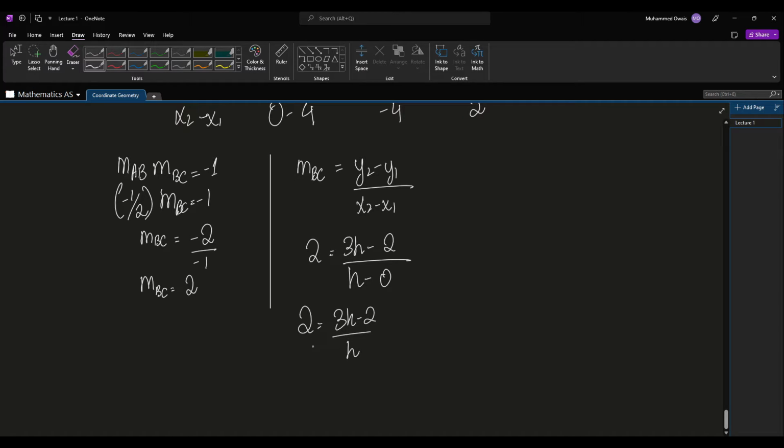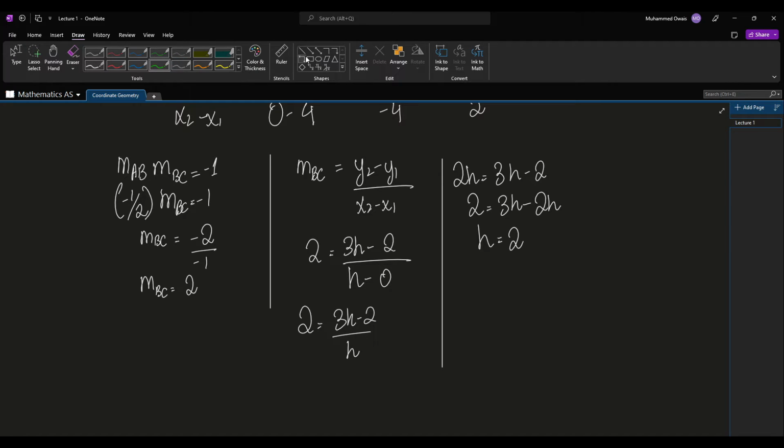This h can be moved here. So then this becomes 2h equals 3h minus 2. This 2 can be moved there. 2 is equal to 3h, and this 2h becomes minus 2h here. So this becomes h equals 2. There is our answer. Pretty simple.